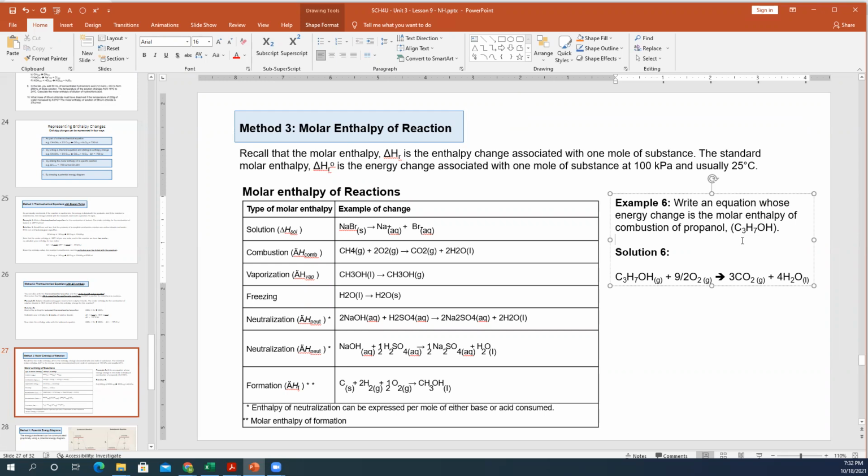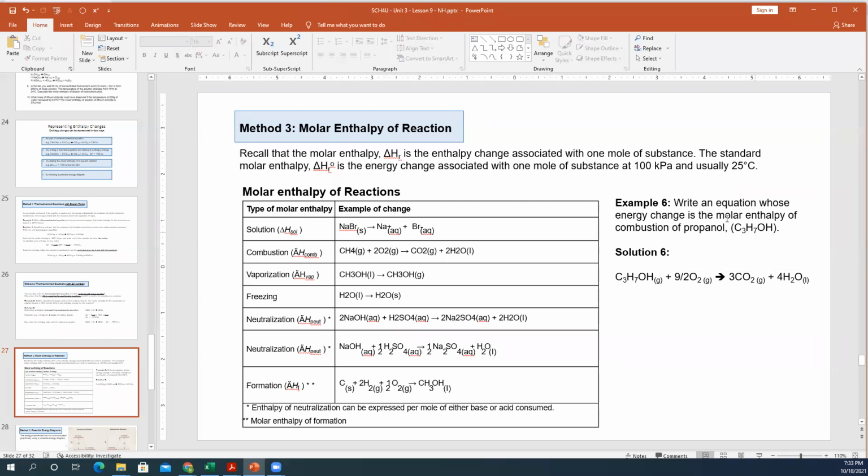So they're asking you to write an equation that represents the combustion of propanol, but the molar enthalpy of the combustion of propanol. So you want to make sure that you write down the equation in a way that you have only 1 mole of propanol. And then if oxygen has to be 9/2, if carbon dioxide is 3, if water is 4, that's all fine.